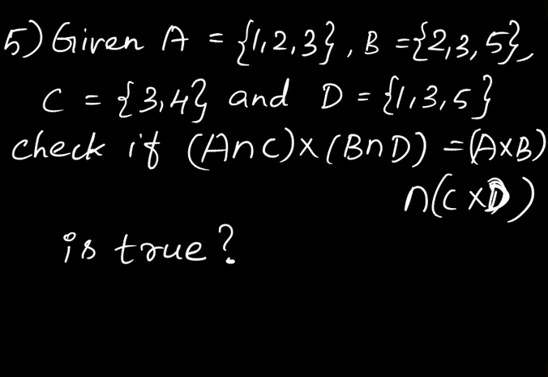So first find the value of A intersection C and B intersection D and then write in ordered pairs and mark it as equation 1. Then find what is A cross B and then C cross D, and then find what is common between them, that is the intersection, and then mark that particular equation as number 2. Then compare equation 1 and 2 and check whether both are equal or not.